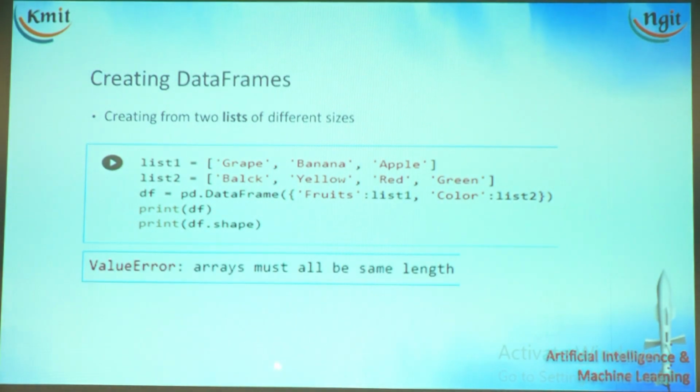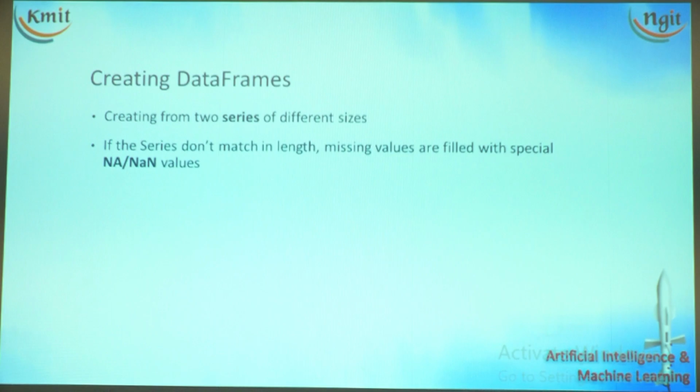What is happening now? What is happening when I did this? Nobody pointed it out to me. What is that? Value error. Arrays must be of the same length. So when I am using a dictionary, I am getting this problem. Right? So now what do I do?